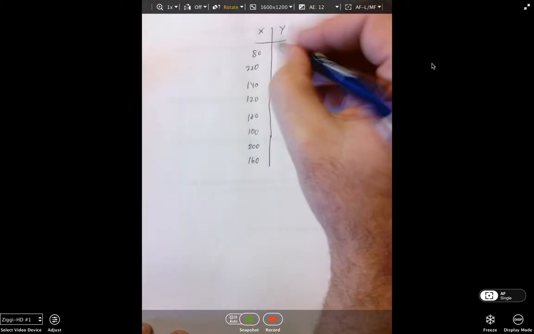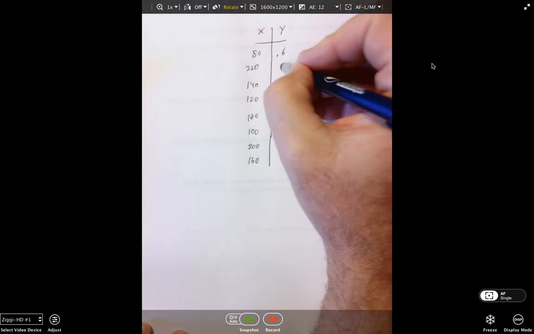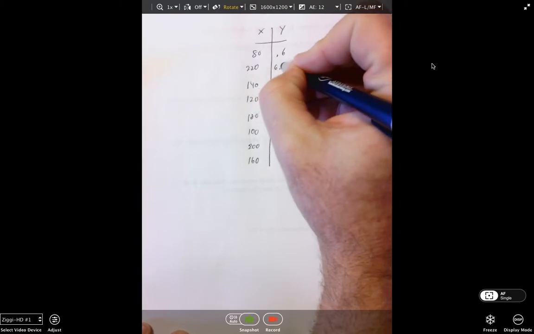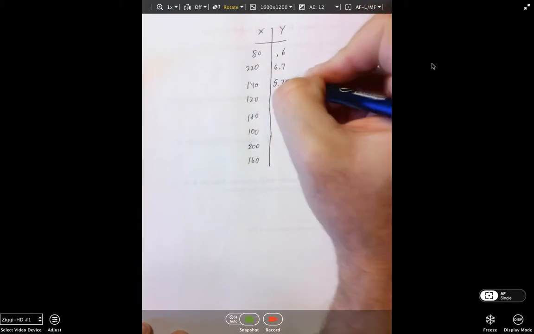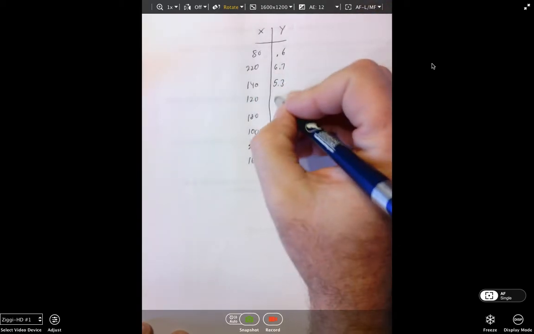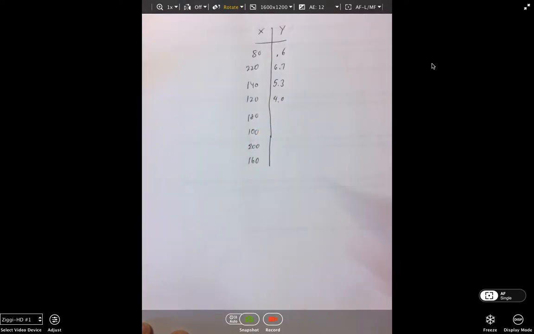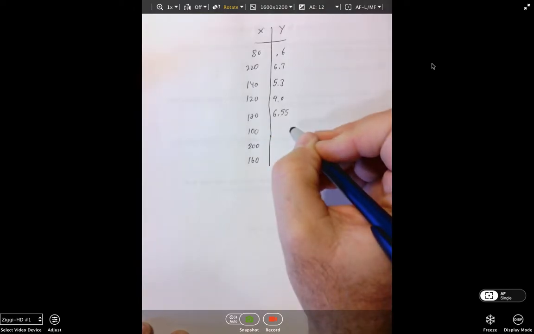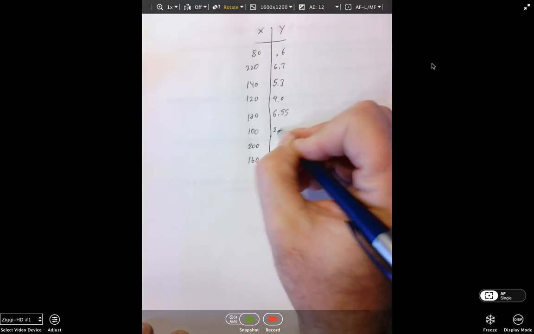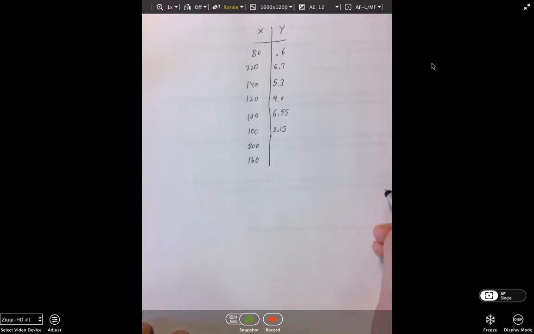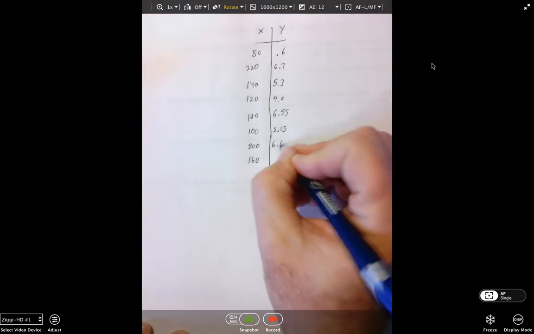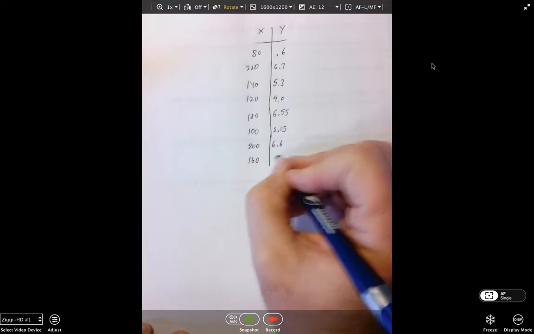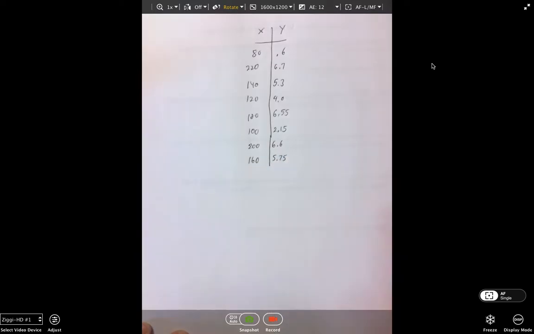And our y values are 0.6, 6.7, 5.3, 4.0, 6.55, 2.15, 6.6, and 5.75. I could have chosen a smaller data set because this is getting boring.